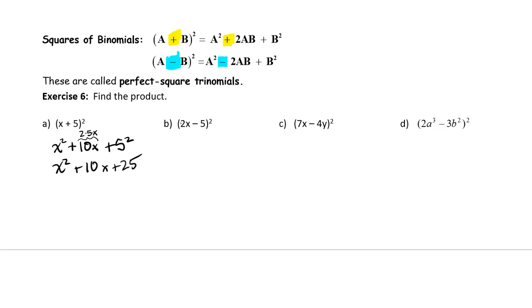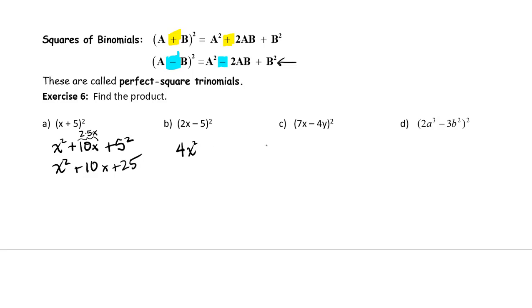All right, the next one is 2x minus 5. Now this is a difference instead of a sum. So it's going to be the second example. We're first going to square the first term, so it'll be 2x squared. So 2 squared is 4, x squared is x squared.